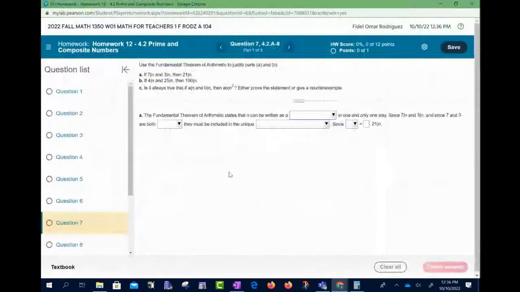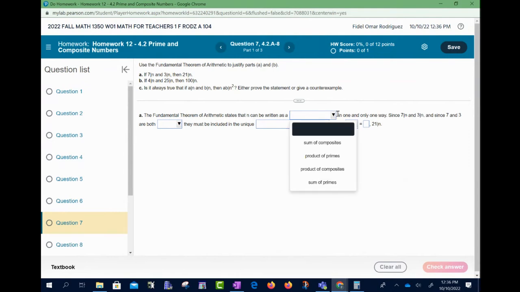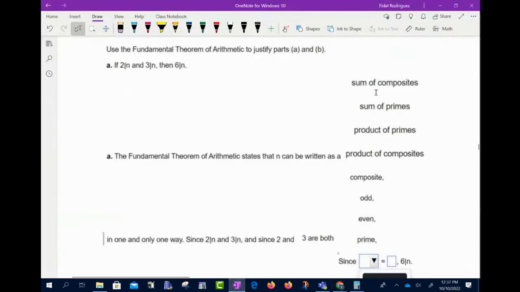Yes, okay. So look, guys, the numbers are a little bit different, but it's going to be the same sort of process, okay? So look, if 7 divides n and 3 divides n, then 21 divides n. Okay, so it says the fundamental theorem of arithmetic states that n can be written as a product of primes. That's why when I do the drop-down menu, when I pulled it up here, it's kind of hard to see which one goes where.